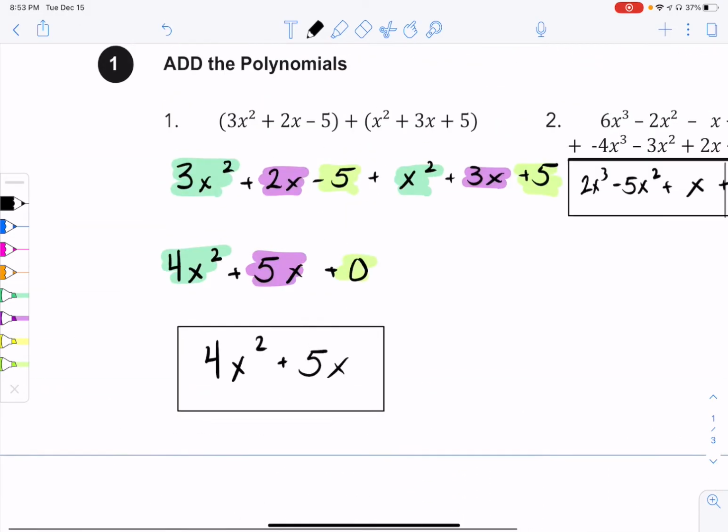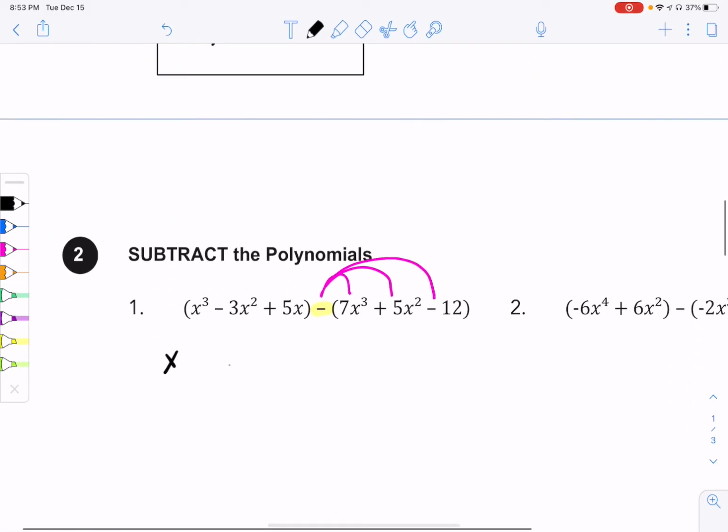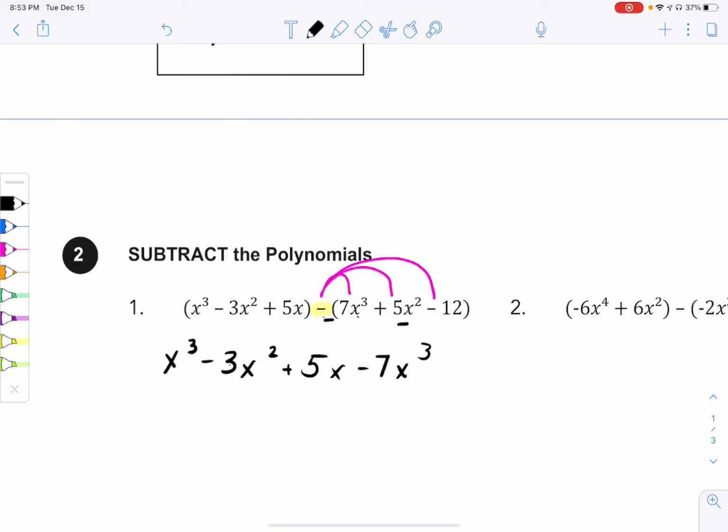So I can rewrite this as x cubed minus 3x squared plus 5x. I'm subtracting 7x cubed. I'm subtracting 5x squared. And I'm subtracting negative 12, which is the same thing as adding 12. From here, I recognize x cubed and negative 7x cubed are like terms.